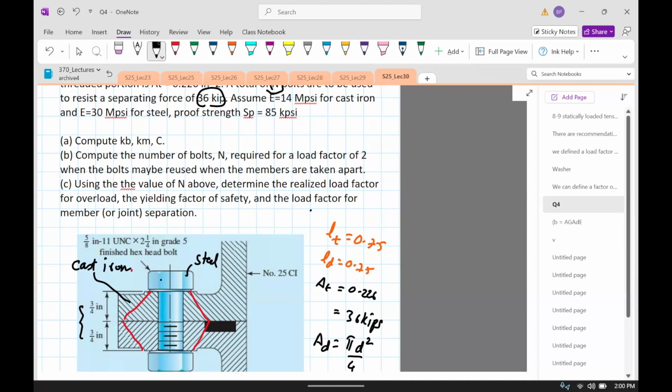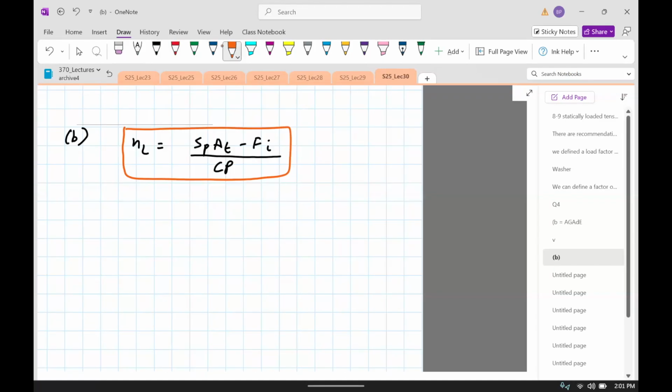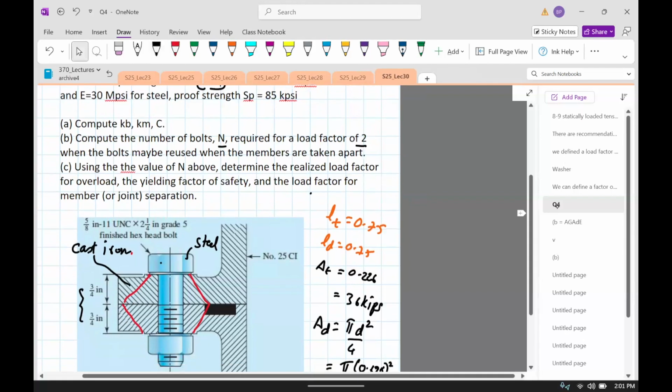So the next question, we need to compute the number of bolts required for a load factor of 2 when the bolts may be reused when the members are taken apart. So let's write the formula for the load factor. So let's see what's given to us. We're given NL, that's 2. We're given AT, that was here 0.226.